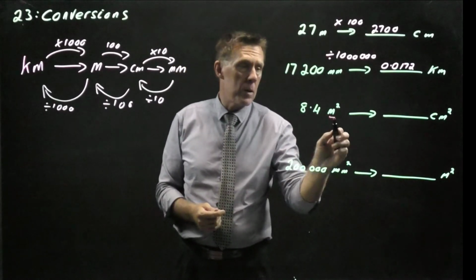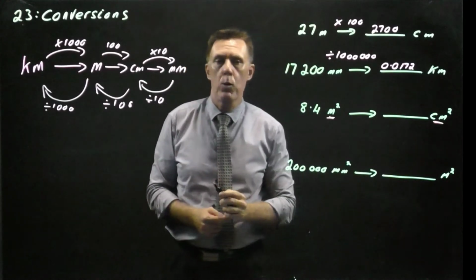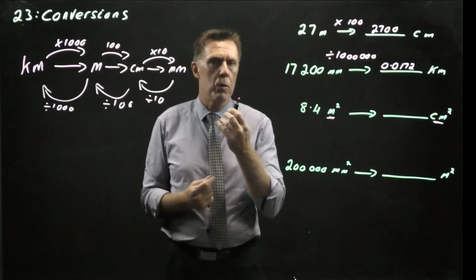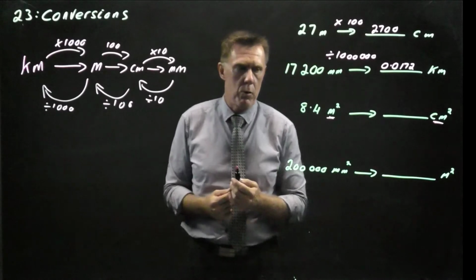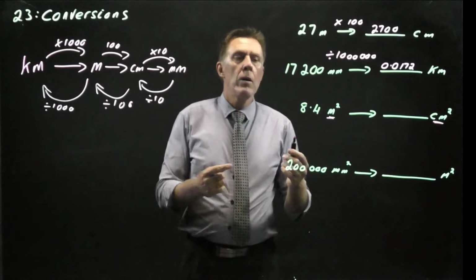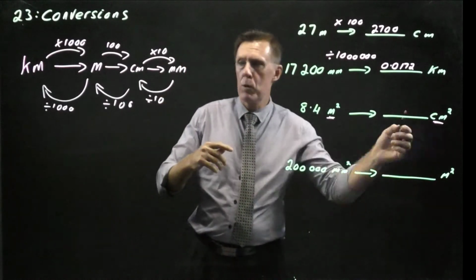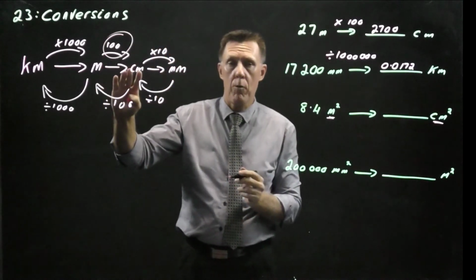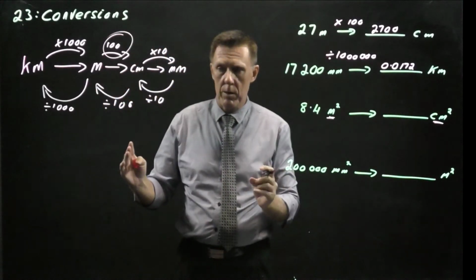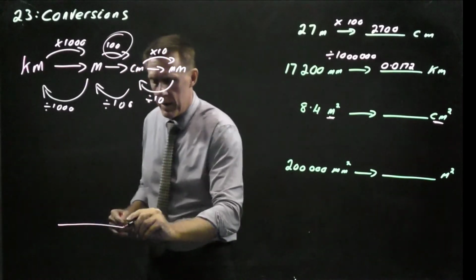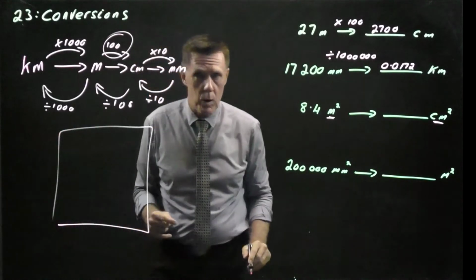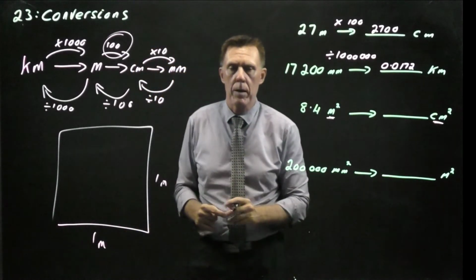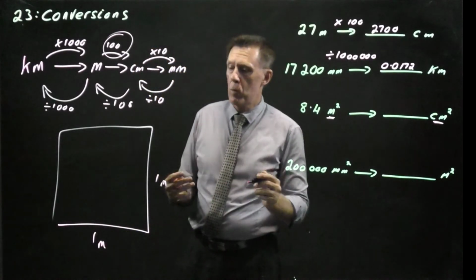Now it's these ones, when you're converting back and forth between squared units, they can be very difficult. So we've got to have a simple little technique that's going to help us. Now, we know that converting between centimeters and meters, our conversion number is 100. But that's in a straight line. If I had a square meter, 1 meter by 1 meter, what would that be in square centimeters?